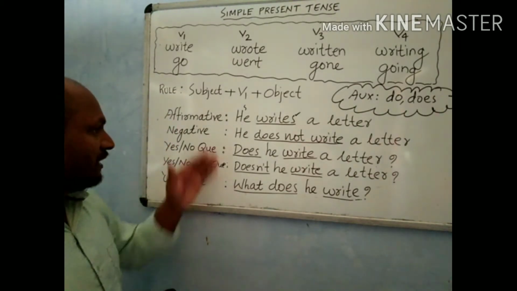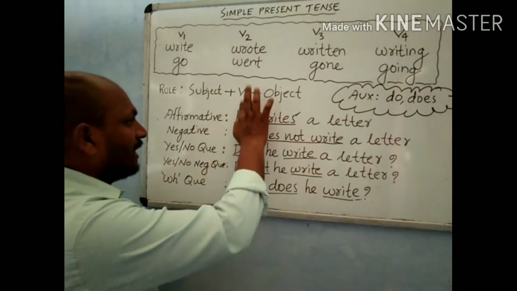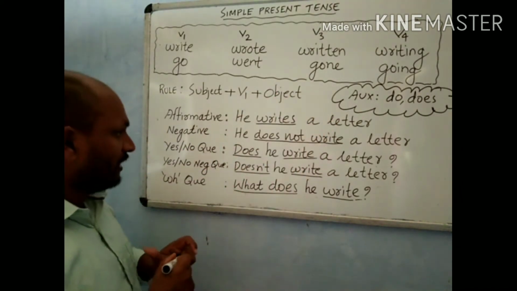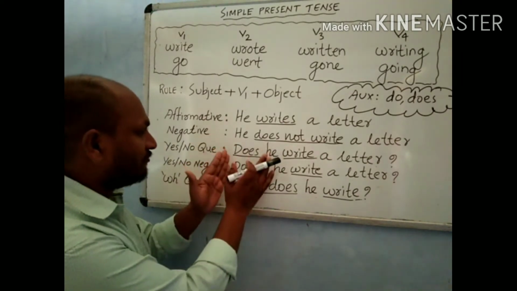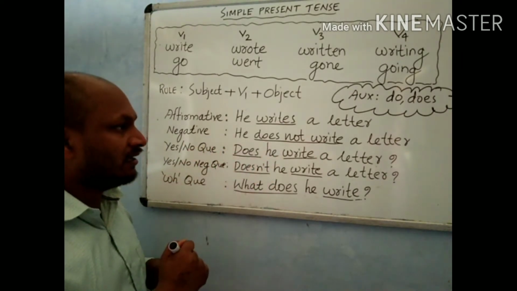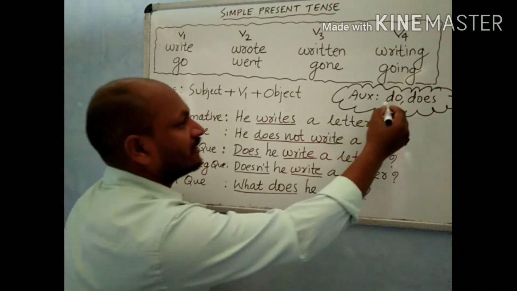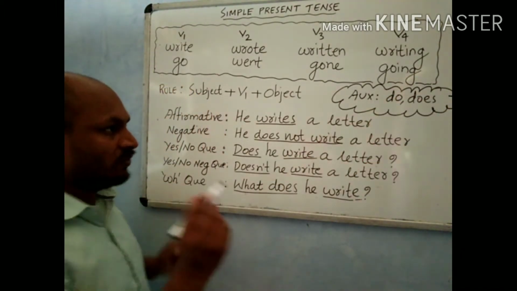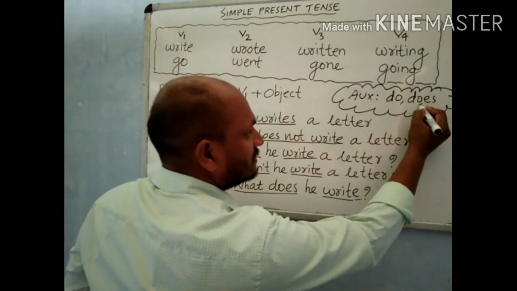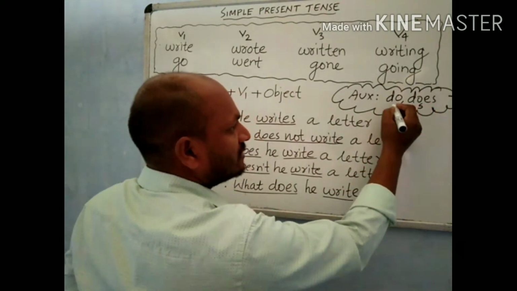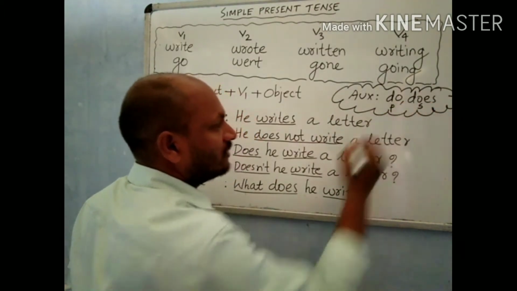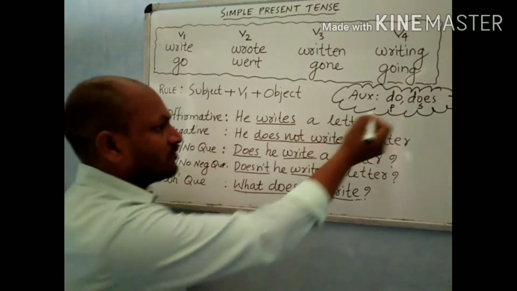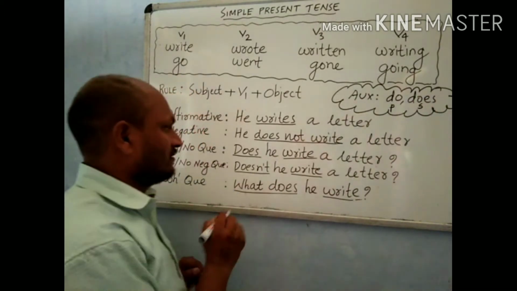Okay, how can we make its negative sentence? When we make negative sentences and questions, we should take an auxiliary verb from here. I have already told you, does is used with the singular subject and do is used with the plural subject. The subject he is singular, so we have taken does.